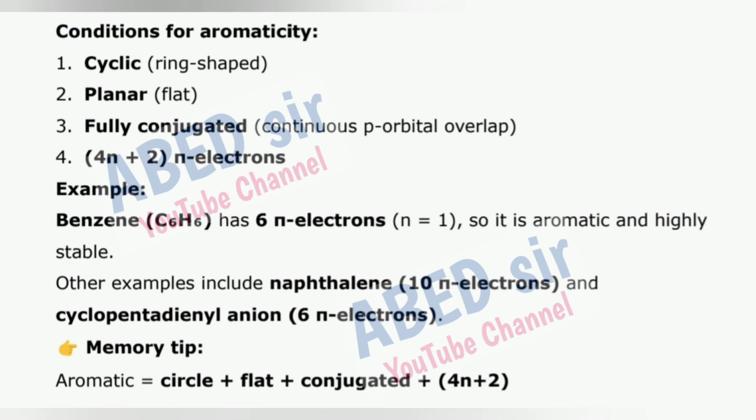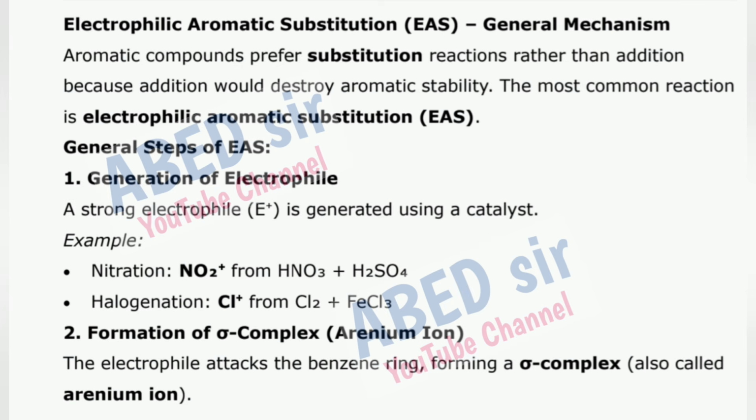Aromatic is equal to circle plus flat plus conjugated plus 4n plus 2. Electrophilic aromatic substitution, EAS, general mechanism. Aromatic compounds prefer substitution reactions rather than addition because addition would destroy aromatic stability. The most common reaction is electrophilic aromatic substitution, EAS.